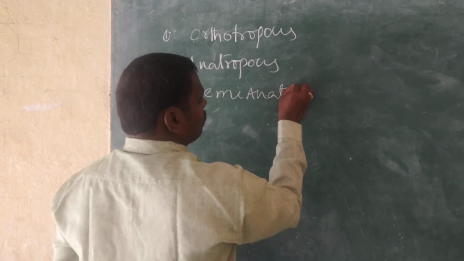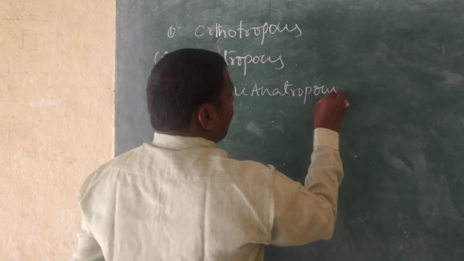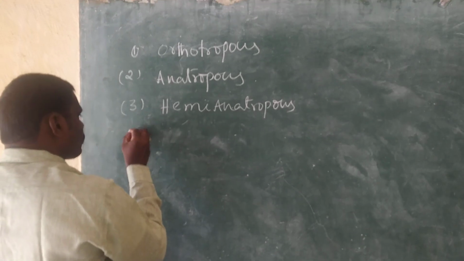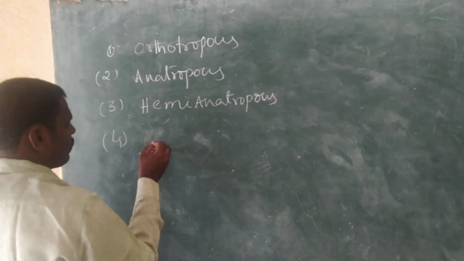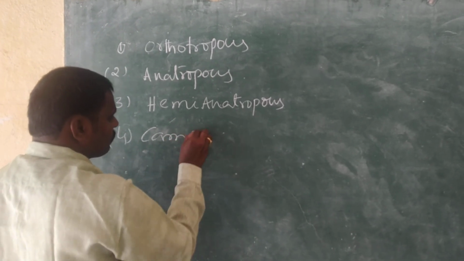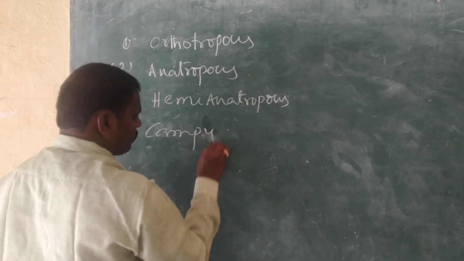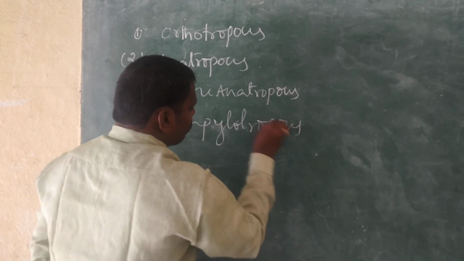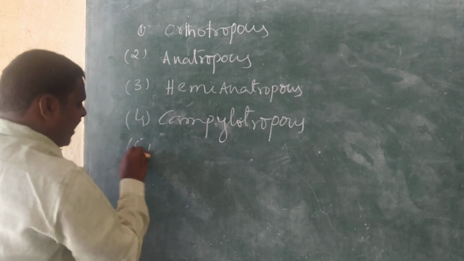The fourth one is campylotropous. The fifth one is amphitropous.